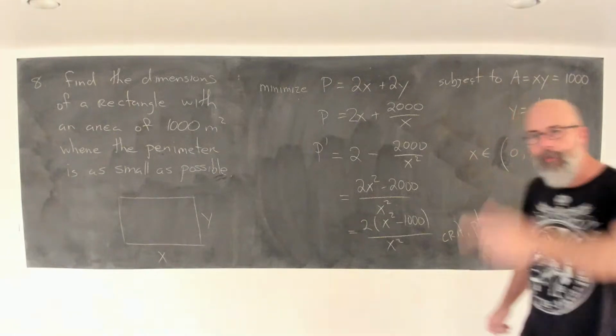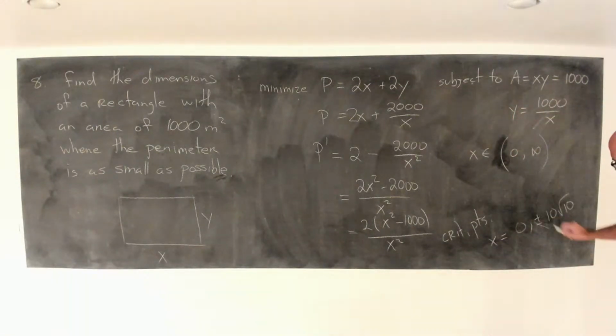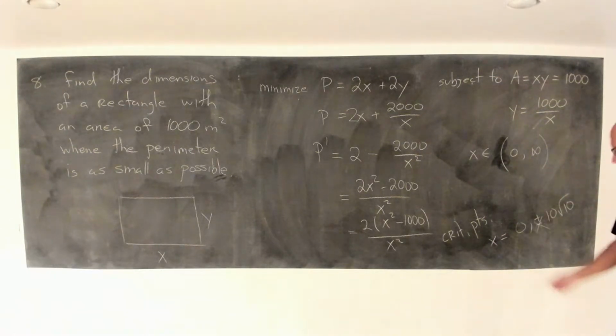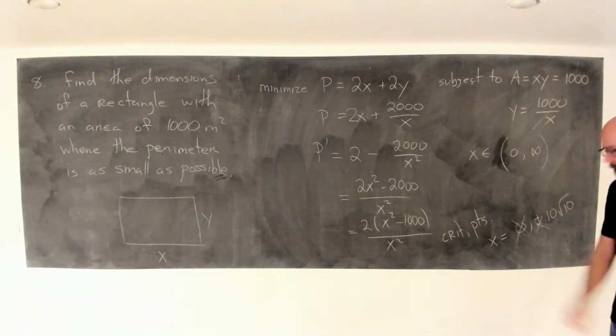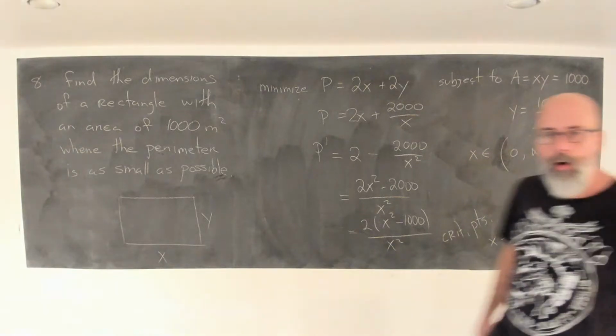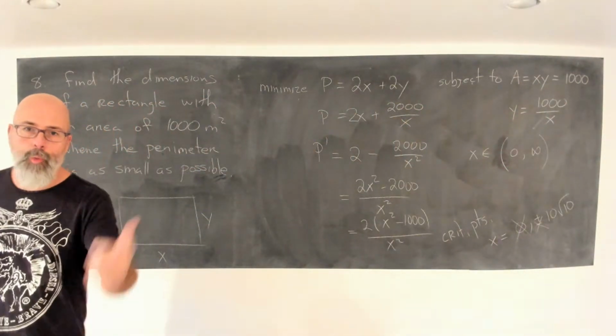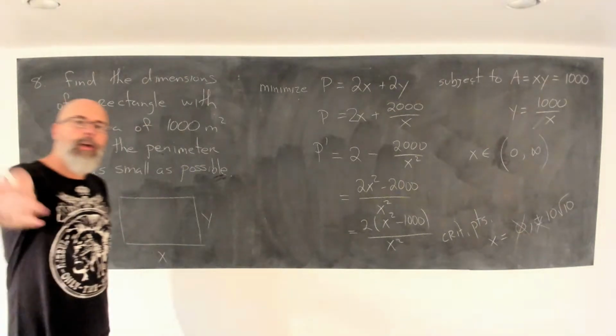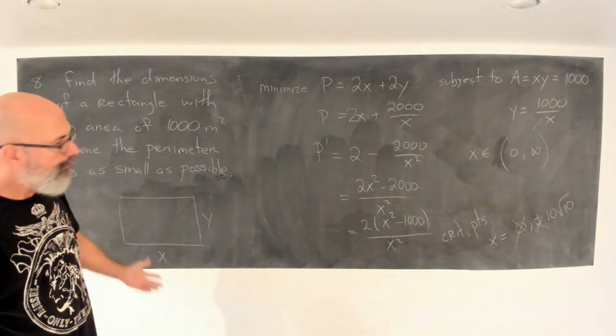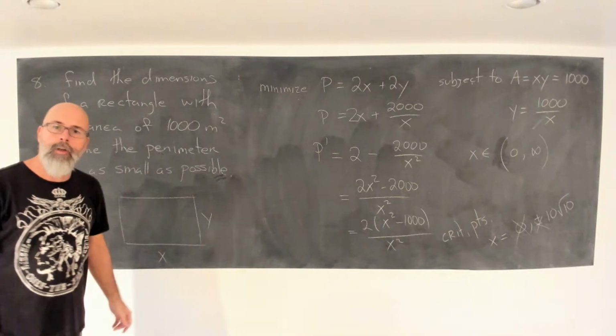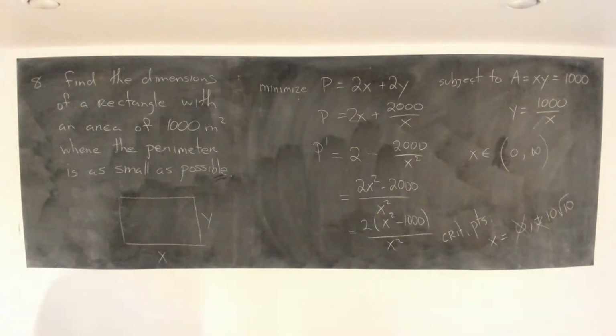But not the minus, thank you, Sheila. Not the minus and not 0 either. Exactly that. So really only one critical point, as Seelan pointed out, root of 1,000, which is 10 root 10.